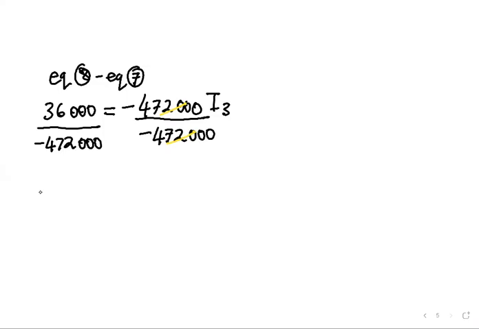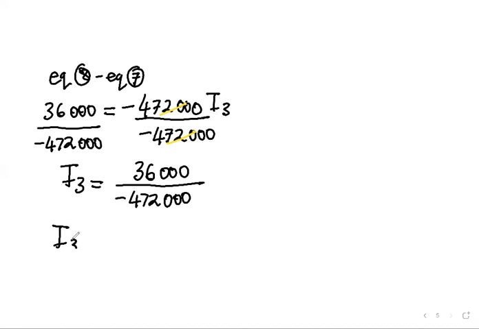So you can write I3 is equal to 36,000, all divided by minus 472,000. So our I3, which is our current number 3, is going to be represented by negative 0.076 amperes, because that is current, and current is measured in amperes.